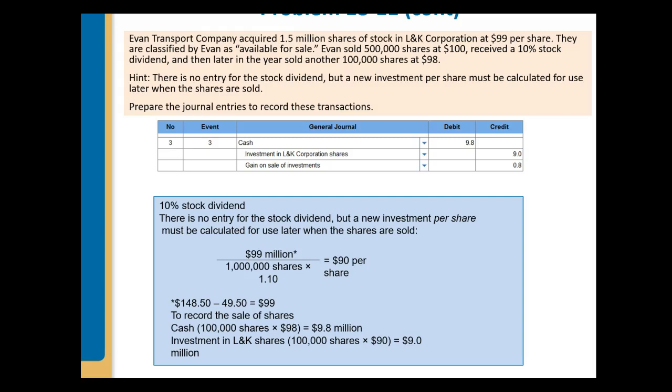So to record the shares, we're going to take the 100,000 shares at 98 bucks, but our investment in the LK shares, the 100,000 shares, is now worth 90 bucks per share, since we need to adjust our cost basis based on the stock dividend.